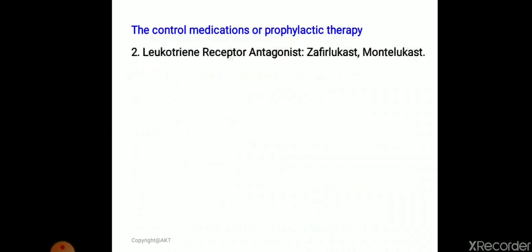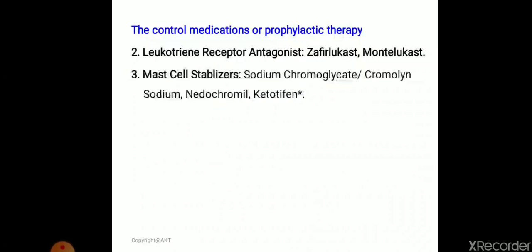Coming to controlled medication or prophylactic therapy to prevent the asthmatic attack, the important classes: one is leukotriene receptor antagonists, zafirlukast and montelukast. Why leukotriene receptor antagonist? Because leukotriene is one of the major mediators of asthmatic attack in humans. That's why this drug is gaining more importance in preventing the attack of asthma. Second, mast cell stabilizers like sodium cromoglycate or cromolyn sodium, nedocromil and ketotifen.